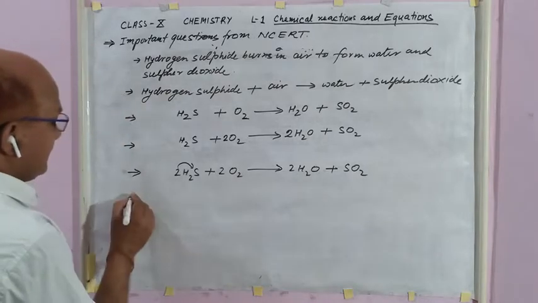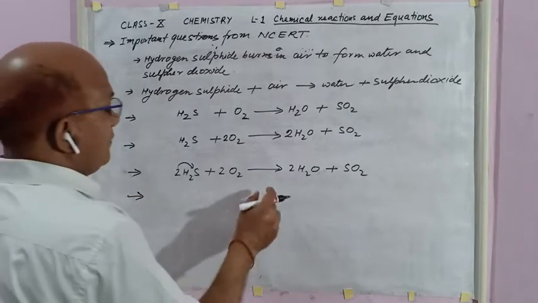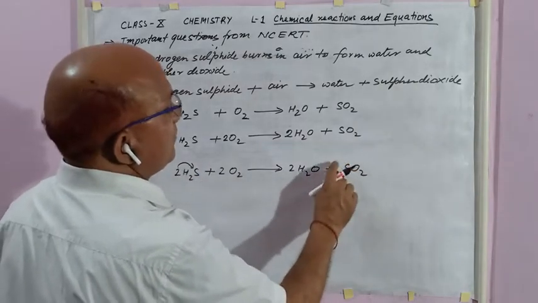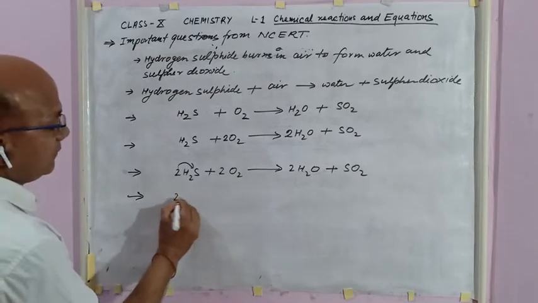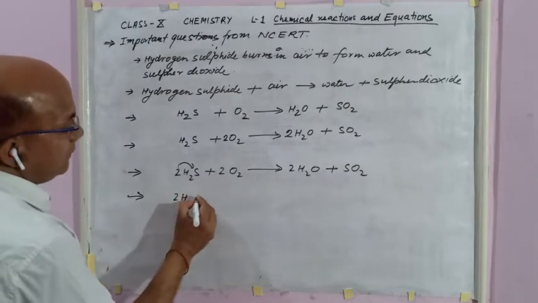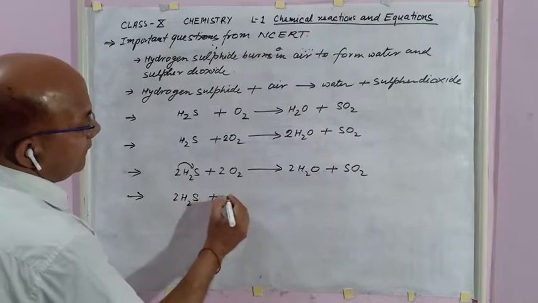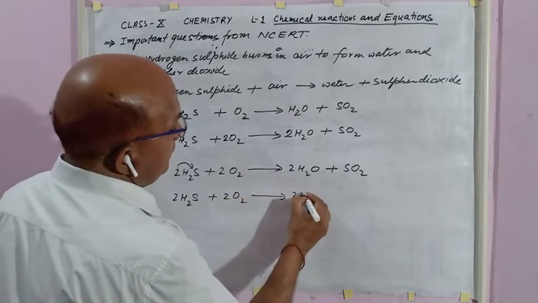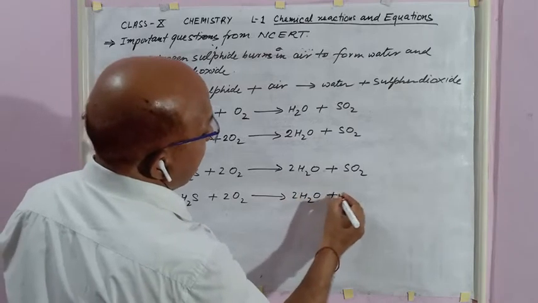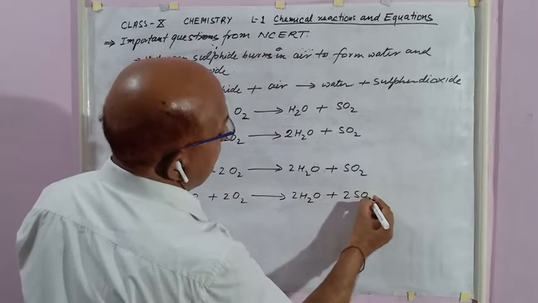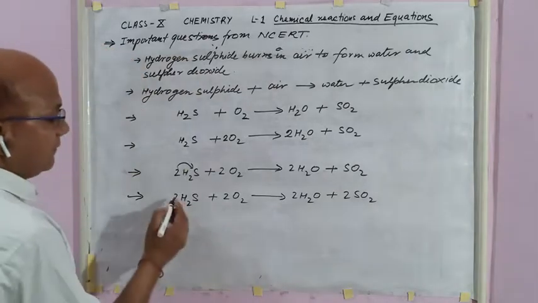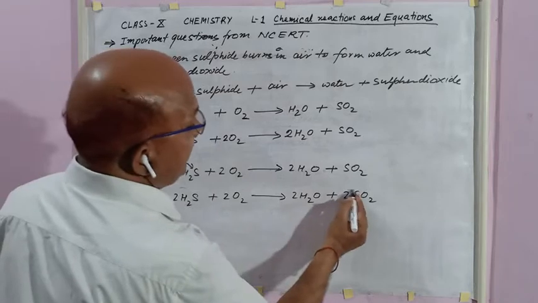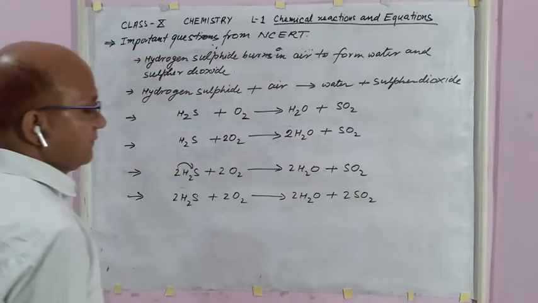So in the next step, to balance sulfur we multiply SO2 by 2. So 2H2S plus 2O2, it gives 2H2O plus 2SO2. Now on the left side 2 sulfur atoms, on the right side also 2 sulfur atoms.